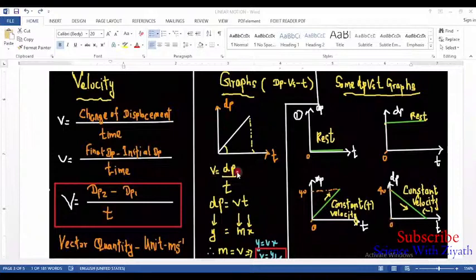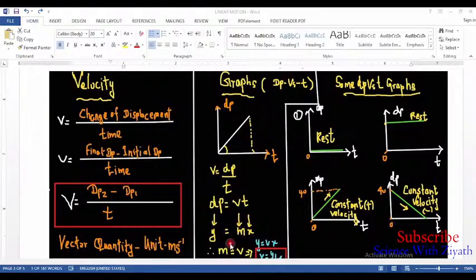Then I multiply this V into T to get displacement, and if I draw the y-axis here, with T on the x-axis, then V would be the gradient. M is what here?